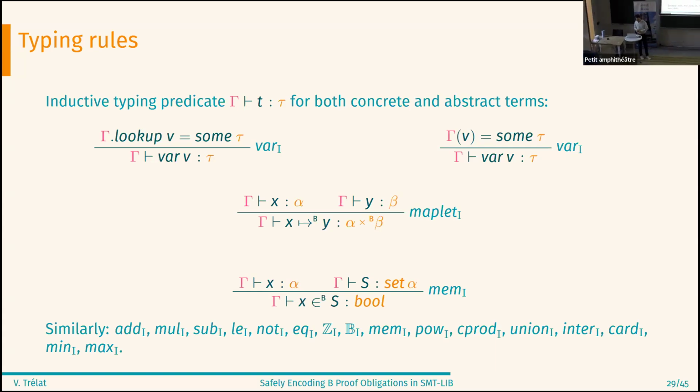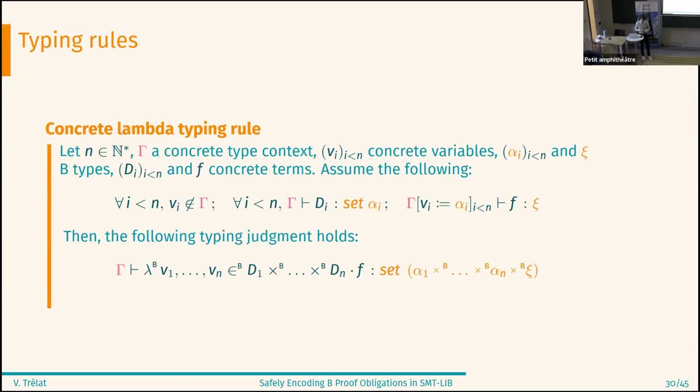With binders, it's a bit more tedious. So I'm just showing the rule for lambda, the lambda binder, and it's actually quite similar for the set comprehension and for all. And here is the concrete lambda type. So what do we need? First, we need to define the number of variables that we are going to bind, which is a positive number.